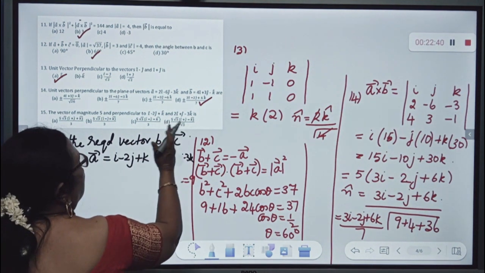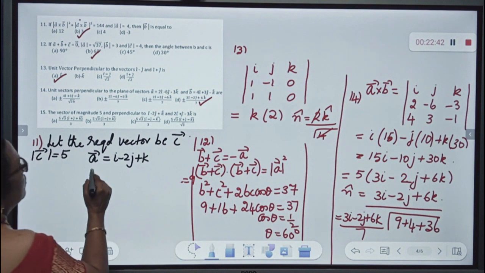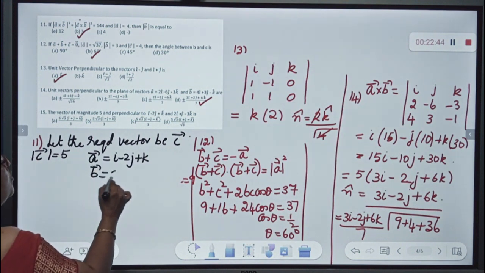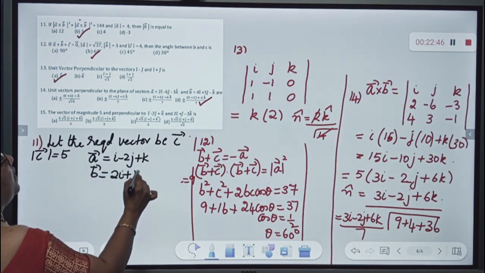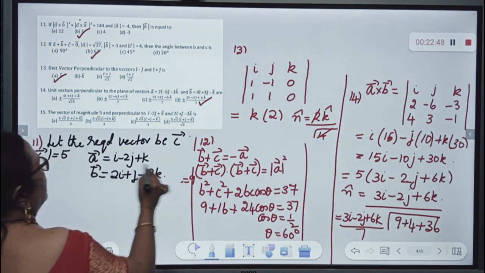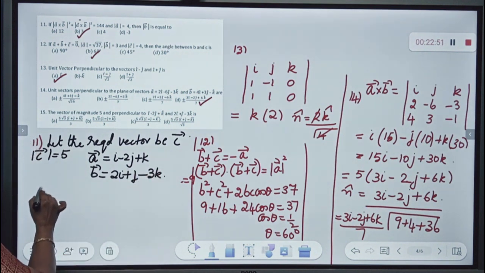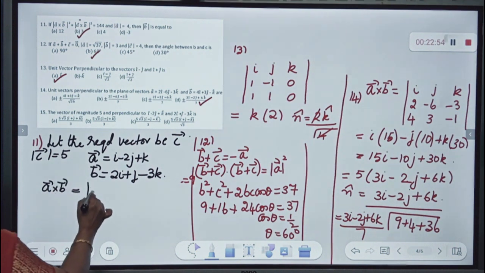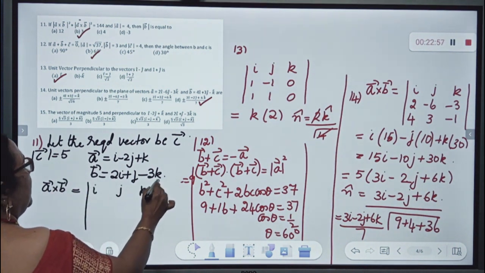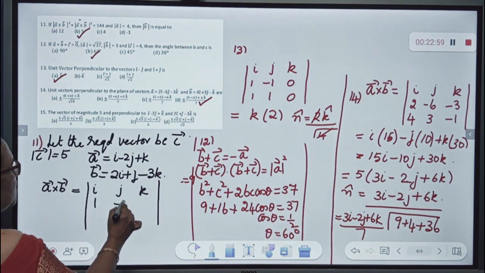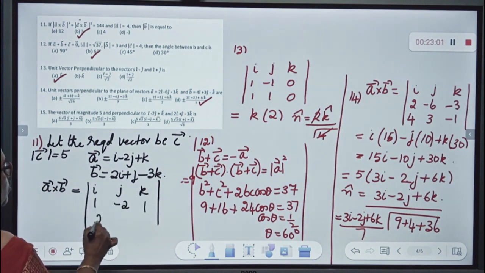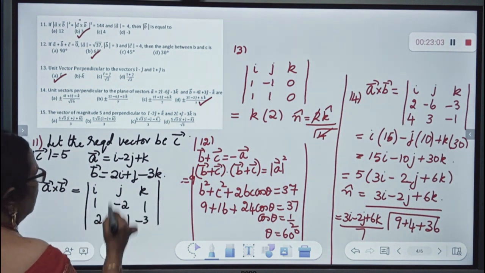It's not clear, so let me rub it and write it for you. B vector is 2i plus j minus 3k. Now what will be A cross B? A cross B will be the determinant with rows i j k, 1 minus 2 1, 2 1 minus 3.